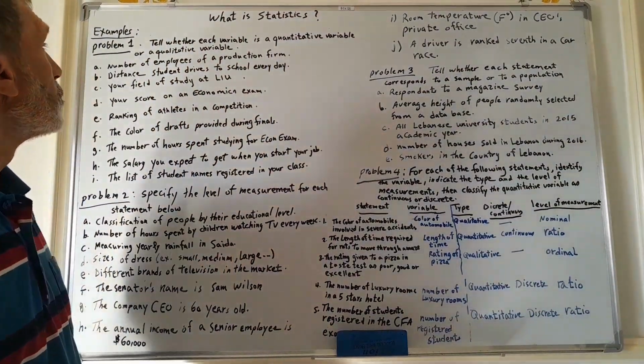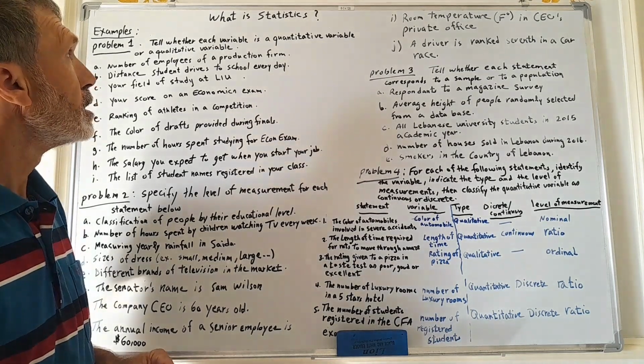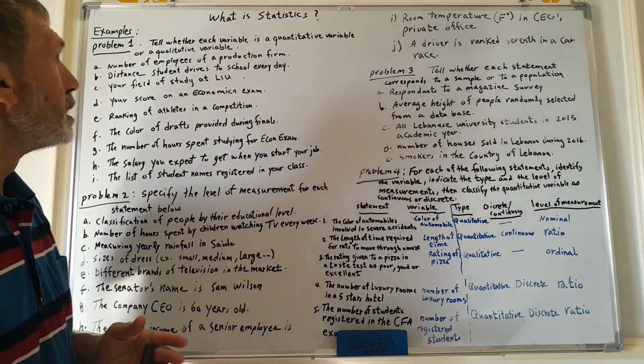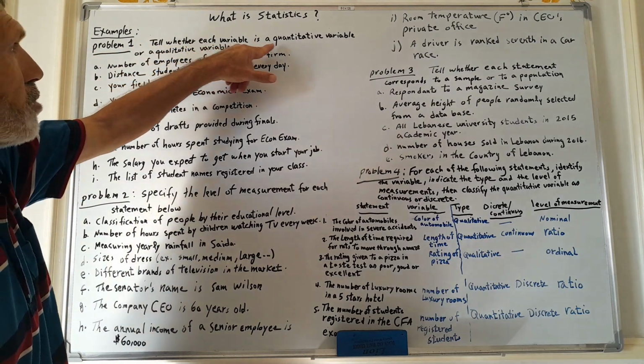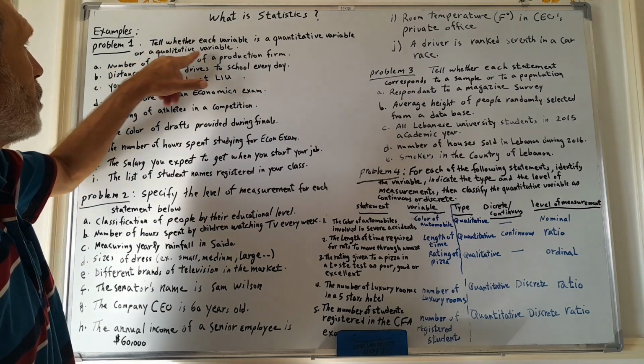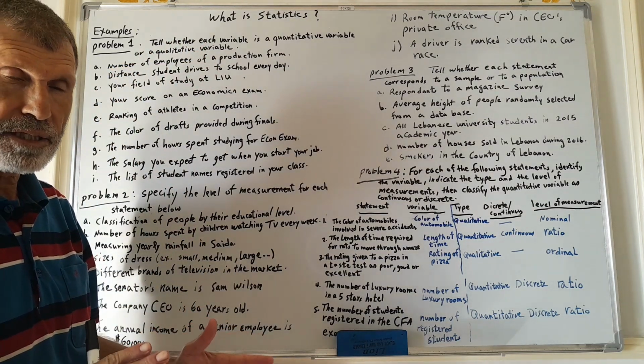Now we move to solving some problems in this lesson, which is the lesson 'What is Statistics?' Problem number 1: tell whether each variable is a quantitative variable or a qualitative variable. We already discussed the meaning of qualitative and quantitative.